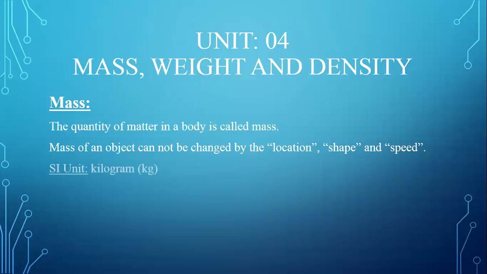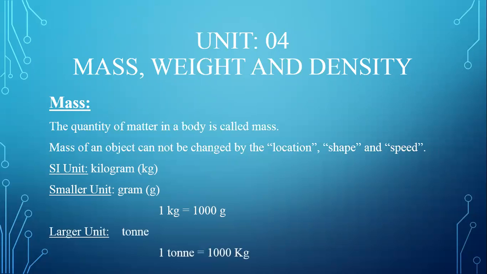The SI unit of mass is the kilogram, represented by kg, whereas the smaller unit is the gram, and 1 kg is always equal to 1000 grams, and the larger unit is the ton, and 1 ton is equal to 1000 kg.